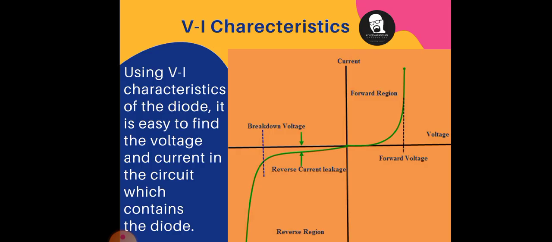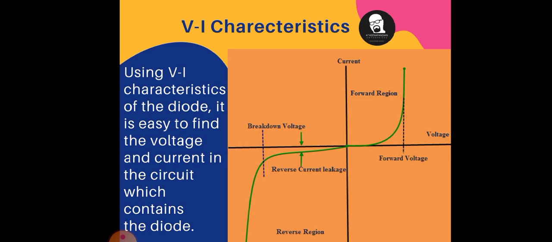Now this is the voltage and current characteristics in forward and reverse biasing of a diode. So you can see the forward region of the VI characteristics of the diode. In that you can see, as we go on increasing the forward voltage, the current will rise and take a peak value.